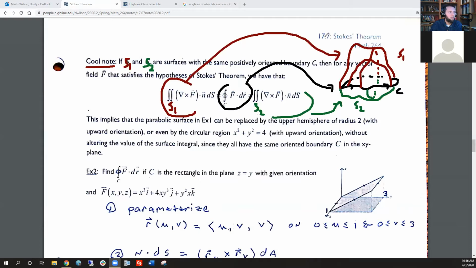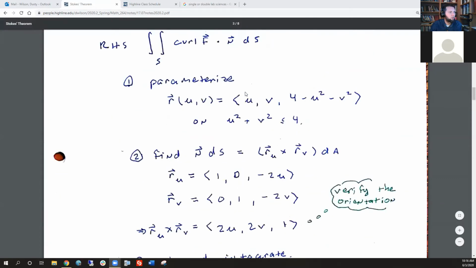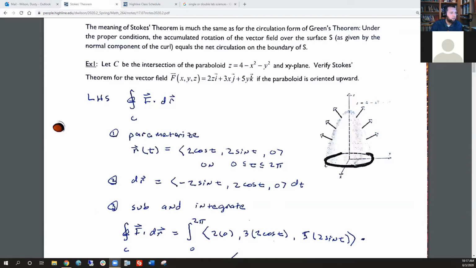So super practically speaking, what this means is that if we went to the previous question, the long example we did first, notice we were comparing the line integral that was around C. We found that was 12 pi, and we compared that with the surface integral across the paraboloid, something like this. But what this theorem says is there's another option.